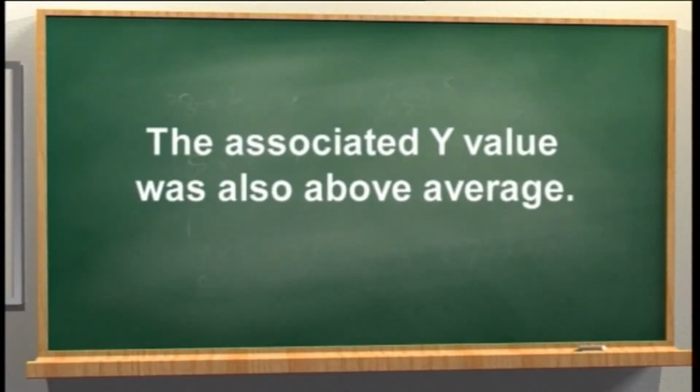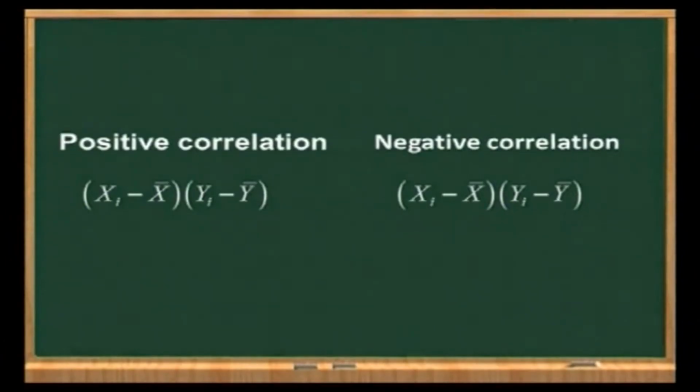Positive correlation. Suppose that an x value was above average and that the associated y value was also above average, then the product (xi minus x bar) times (yi minus y bar) would be the product of two positive numbers, which would be positive.